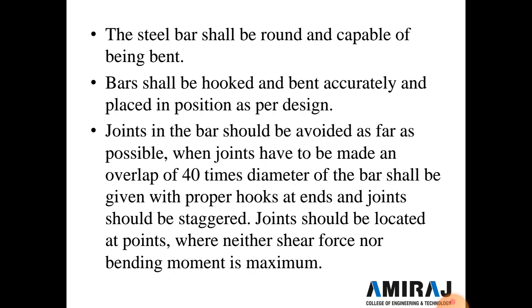Joints in a bar should be avoided as far as possible. When joints have to be made, an overlap of 40 times the diameter of the bar shall be given with a proper hook at the end, and joints should be staggered, and located at a point where neither shear force nor bending moment is maximum.